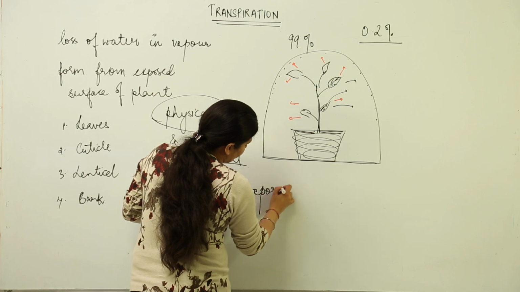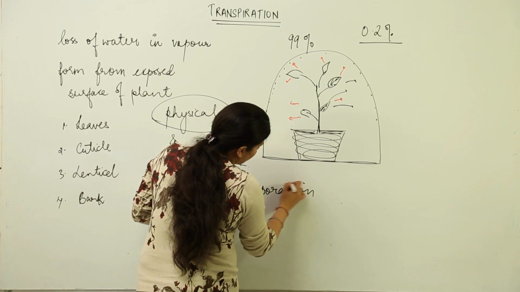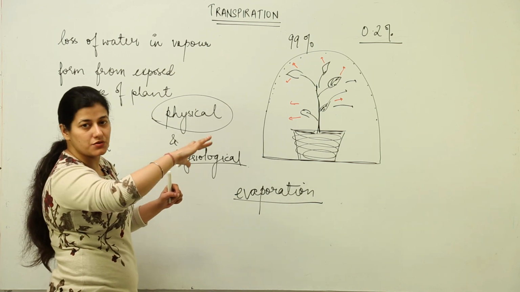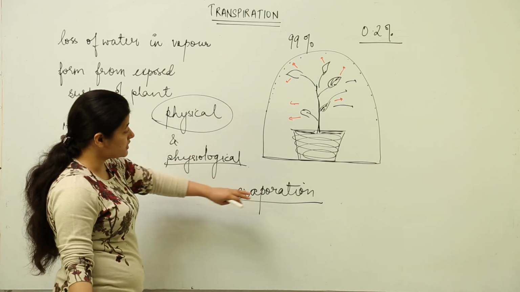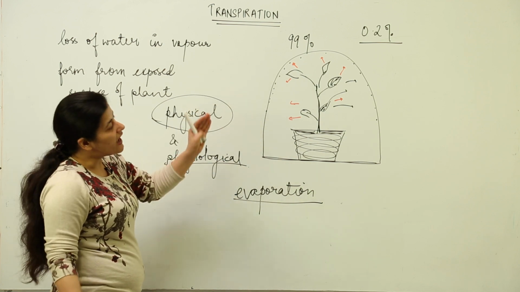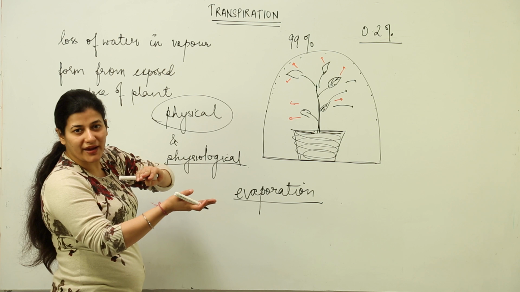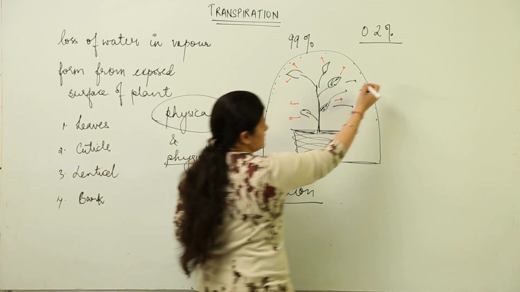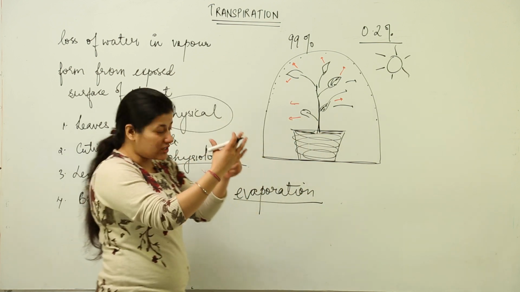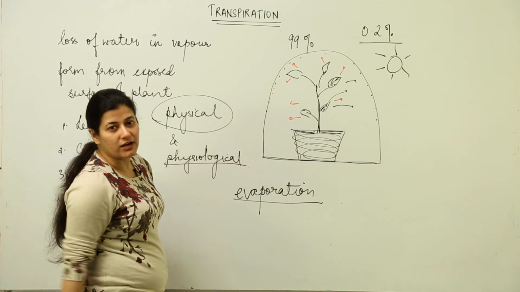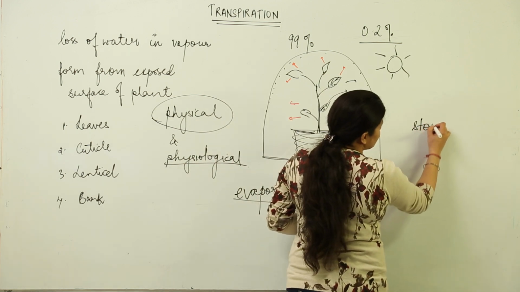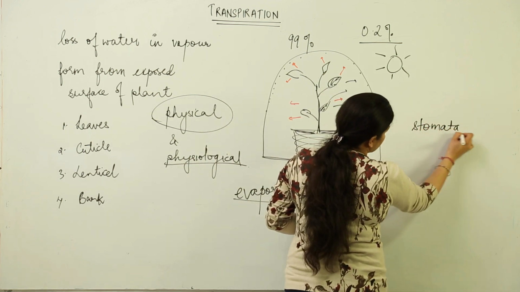As in the case of evaporation, there is evaporative cooling that is taking place, and the water vapors are being released into the atmosphere from the exposed surfaces. In the same manner, the water vapors which are being formed inside the leaves due to the heat provided by the sun's radiant energy get released into the atmosphere through the small pores present inside the leaf known as stomata.